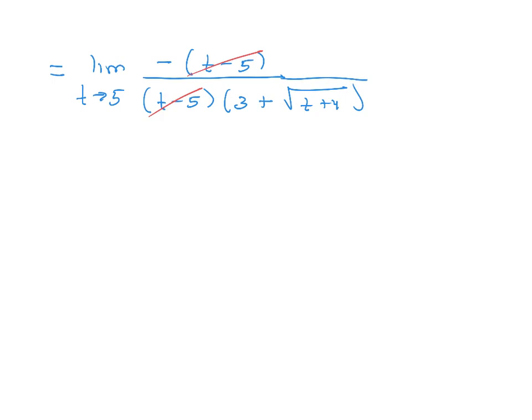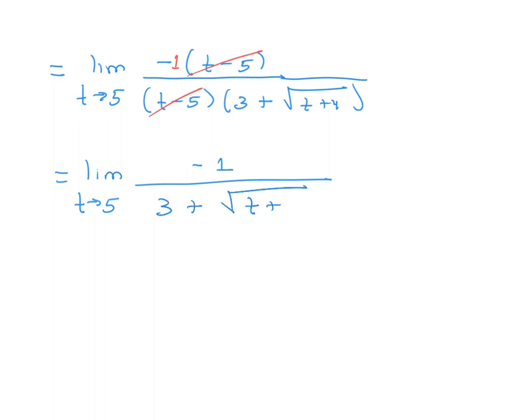There is a negative 1 that is left over in the numerator, but we have the limit as t approaches 5 of, so that's negative 1. I don't need the parentheses on this part anymore because this is gone. I'll just put 3 plus the square root of t plus 4. If we can now directly substitute 5 in place of this t and get an answer, that will be the value of the limit. And we can.